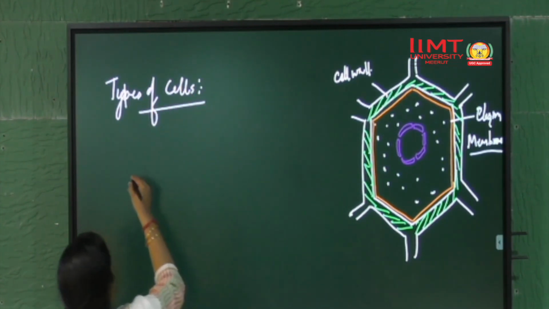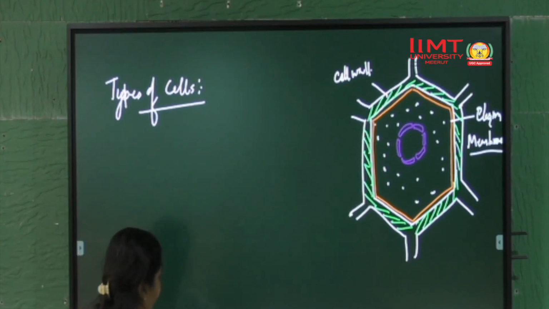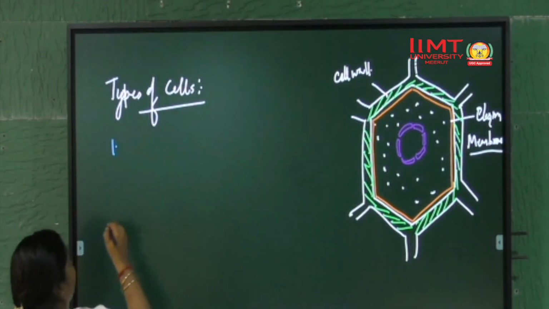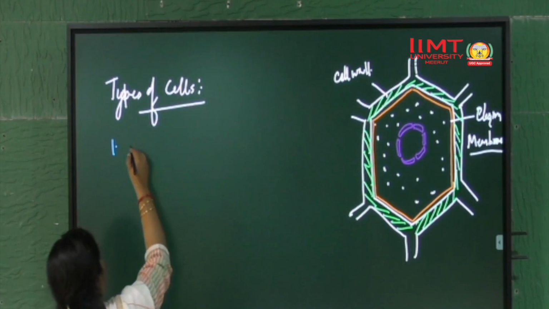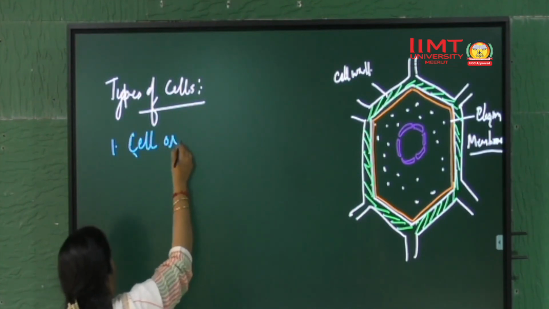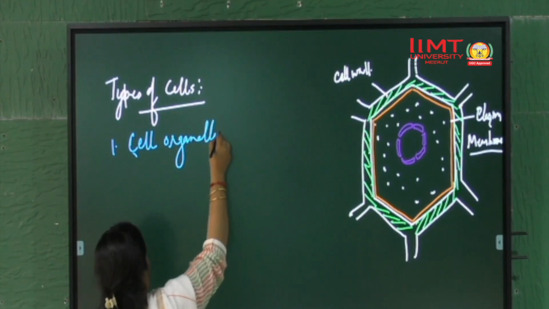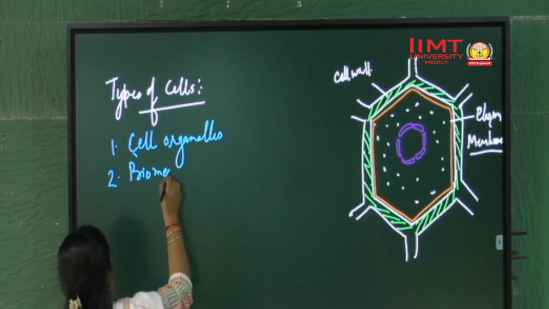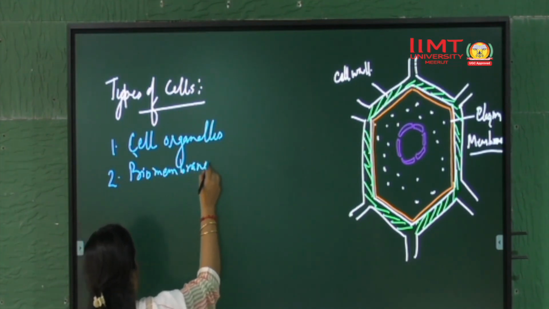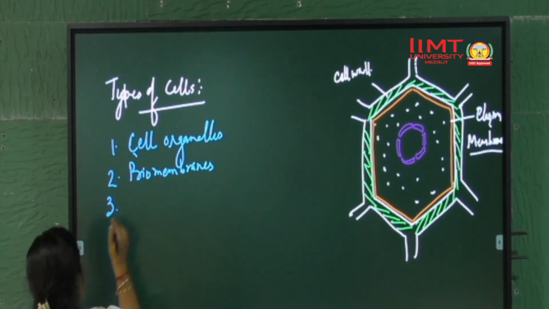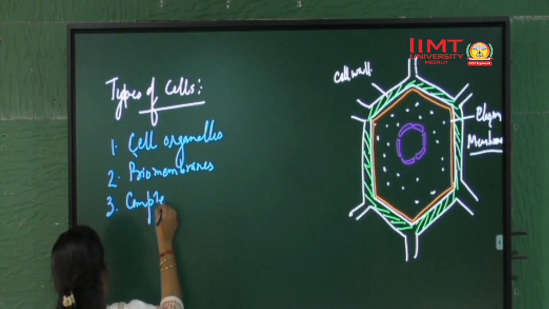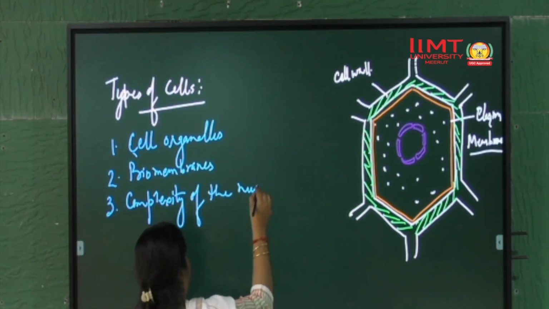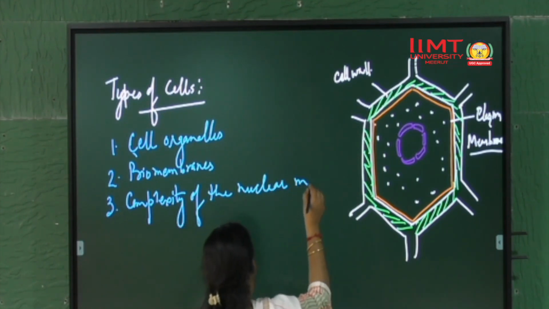So, on the basis of certain characteristic features, on the basis of some characters, these characters are presence of cell organelles, presence of biomembranes, complexity of the nuclear material.